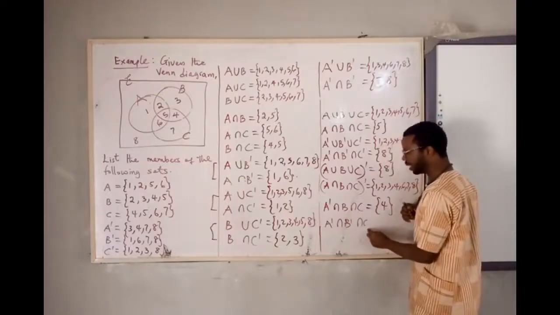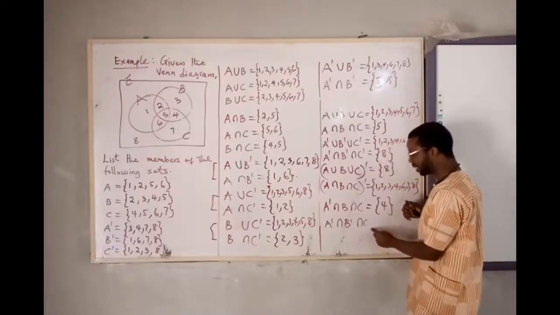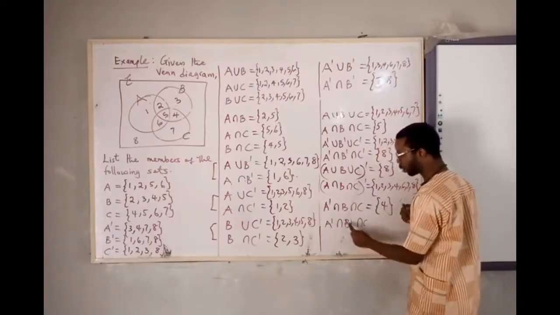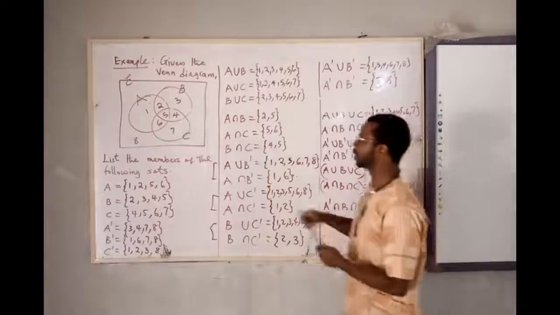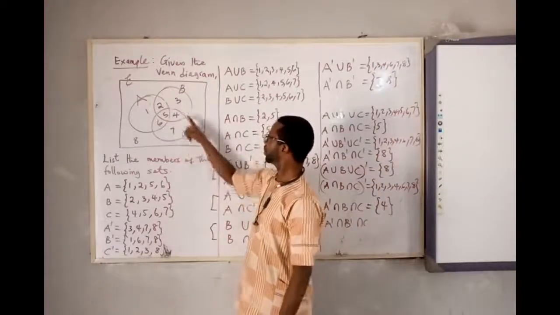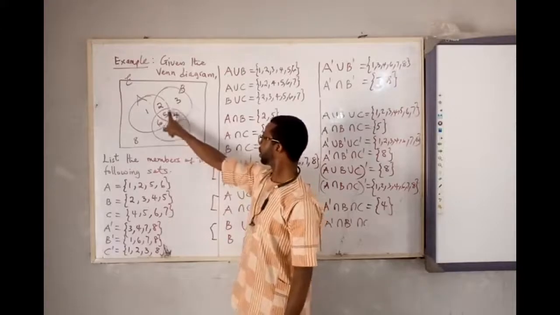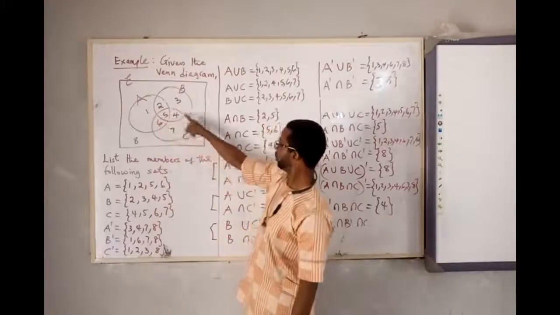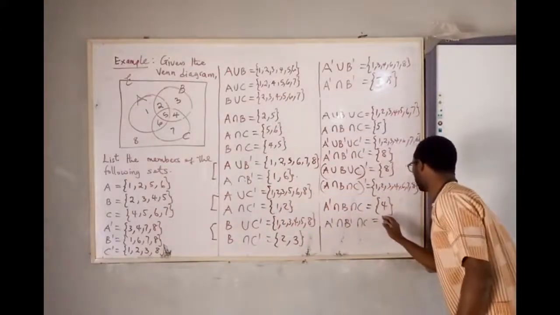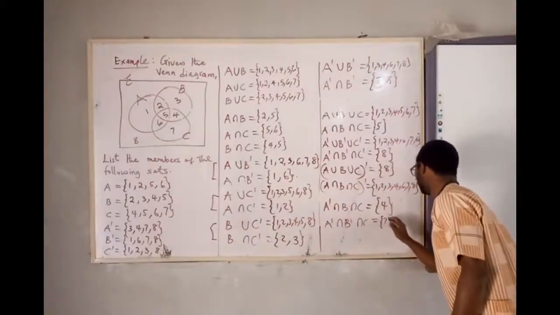Because it's C only, I will go to where I have C and remove everything that has to do with A and that has to do with B. So let's go to C. This is C. In this C, you will see that this part belongs to A, this part belongs to B. Remove it. You have 7 left. So this is supposed to be 7.